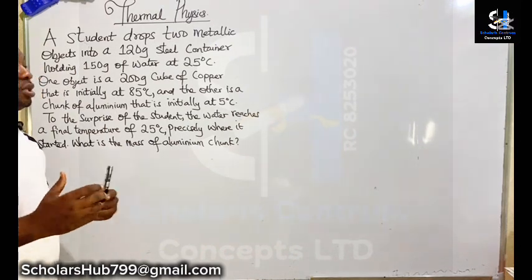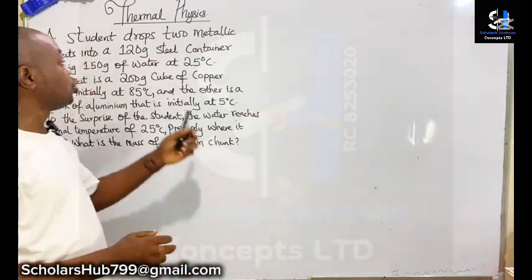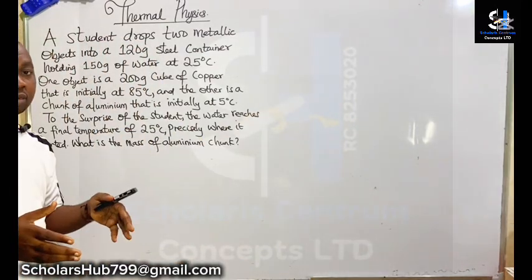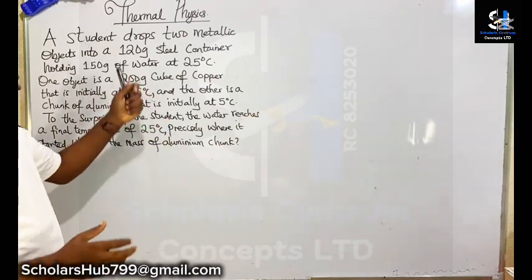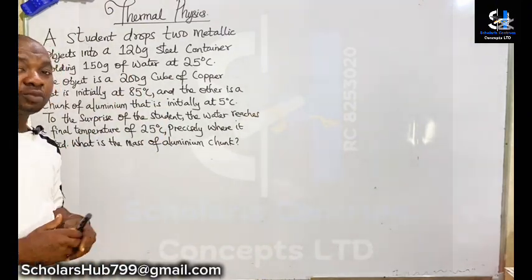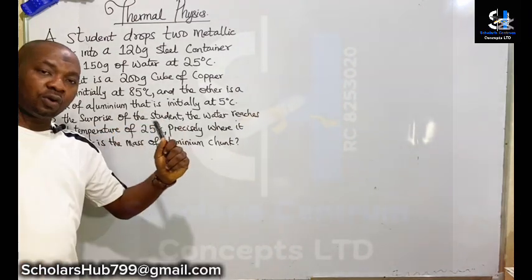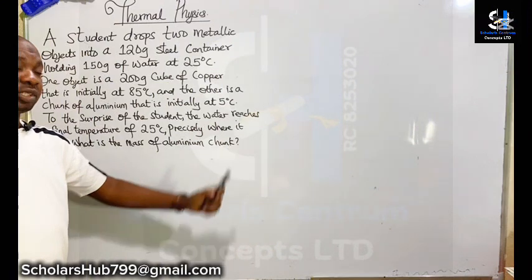So the second object is a chunk of aluminum dropped into the metallic container of mass 120 grams, holding 150 grams of water at 25 degrees Celsius. The initial temperature of the aluminum chunk is 5 degrees Celsius.